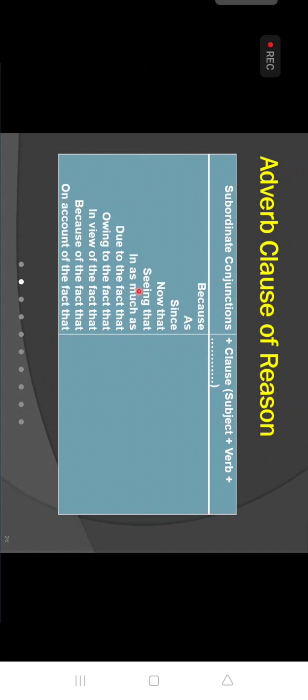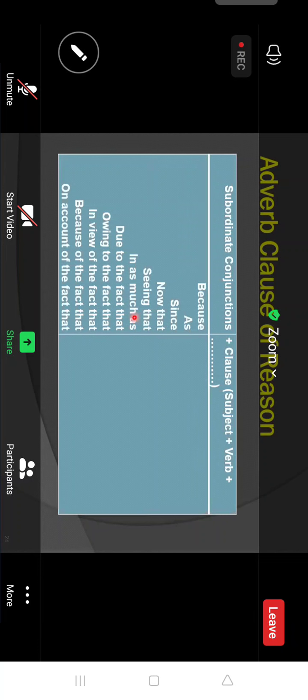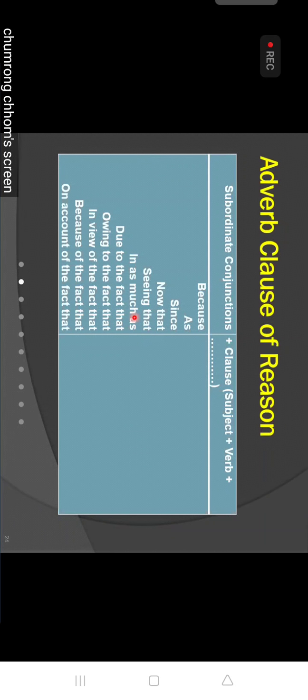They all have just the same meaning. Okay, so these are just conjunctions and prepositions that we can use in the adverb of reason. Like you can see some examples here.